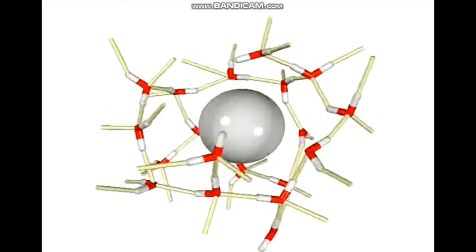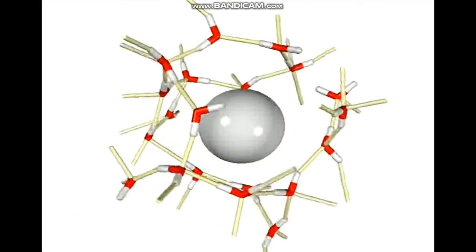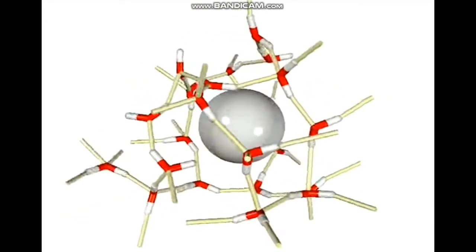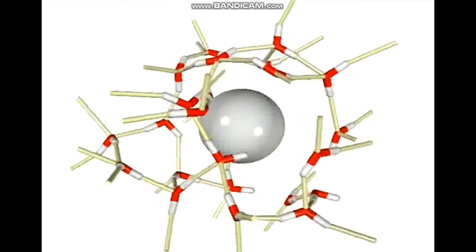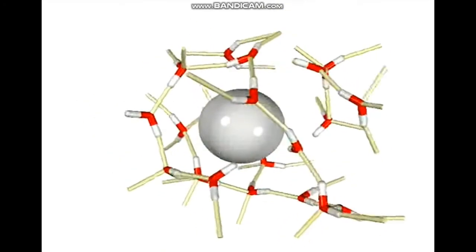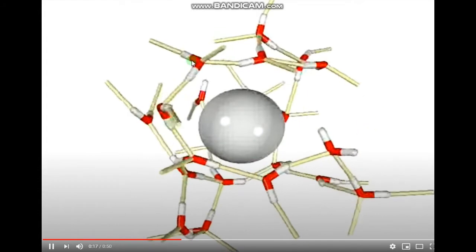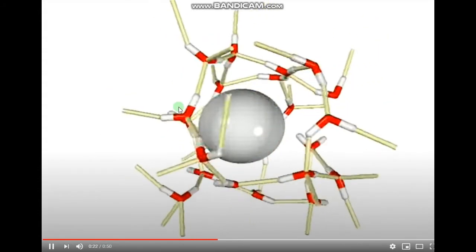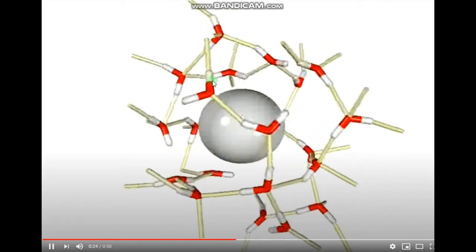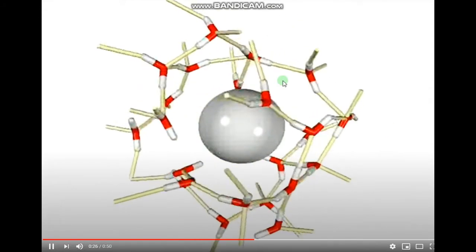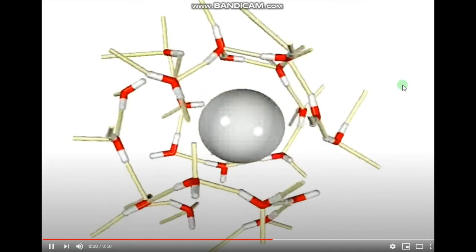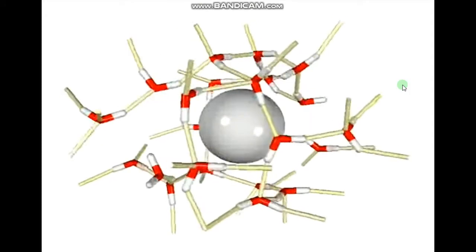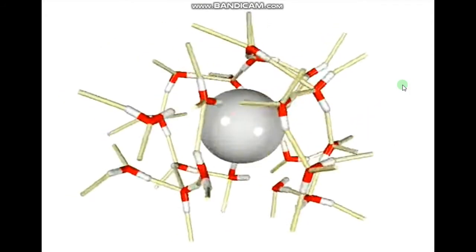On the other hand, what you can also see is that the price it's paid for that is that the water loses much of its freedom. So remember, this rotation isn't real. These waters aren't really moving around like this. What's happening here is that these waters have essentially fixed positions, and although they're wobbling around a bit, they're not able to reorient themselves and make hydrogen bonds in completely different directions in the way that we saw them doing in the simulation of liquid water.